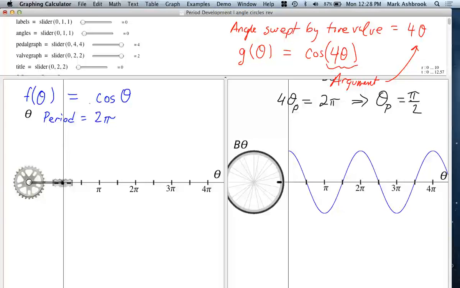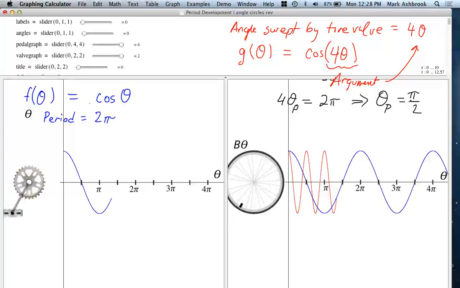Right. And how long is it? One period. Pi over 2. So as soon as the pedal hits pi over 2, that tire's made a full rotation. That's one cycle. And that's the period, pi over 2. Okay? So every quarter turn of the pedal gives us a full rotation.